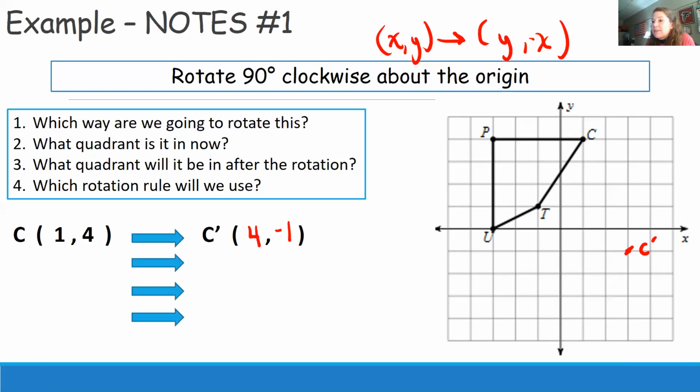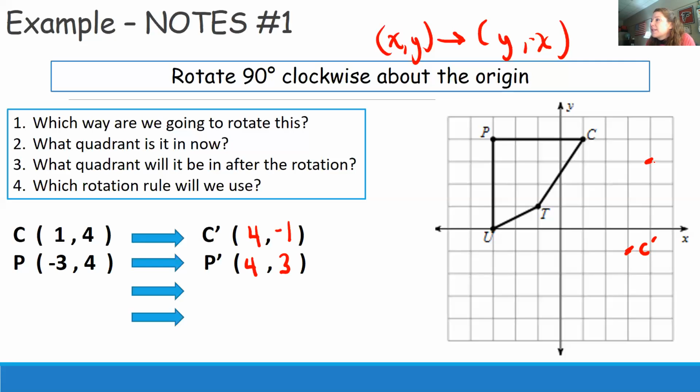All right, let's see what else. What's the next point they give us? P is at -3, 4. So the 3 goes to the back and turns positive, and that 4 just jumps to the front. So we're going to turn this to 4, 3 right there. 1, 2, 3, 4, 1, 2, 3.